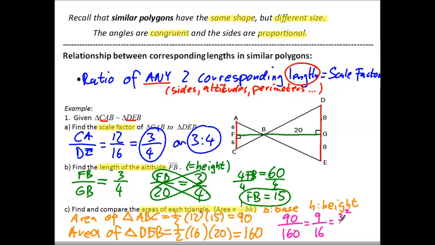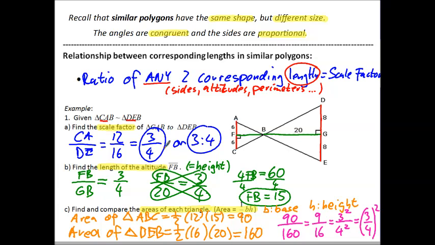So 9 is 3 squared and 16 is 4 squared. Or we could also write it in parentheses, 3 over 4 squared. And that 3 over 4 squared is not a stranger, right? We have seen it before up here. This is actually our scale factor.